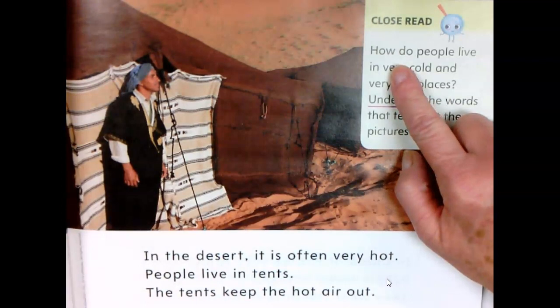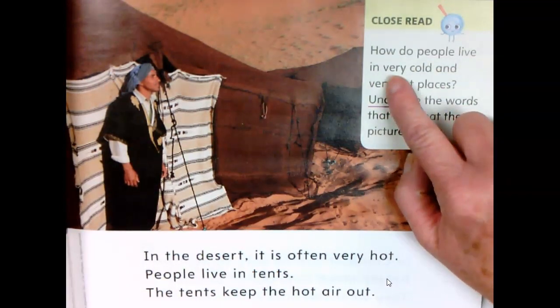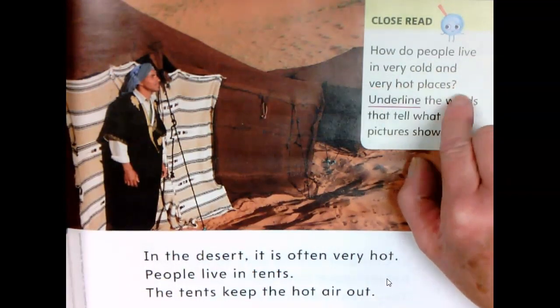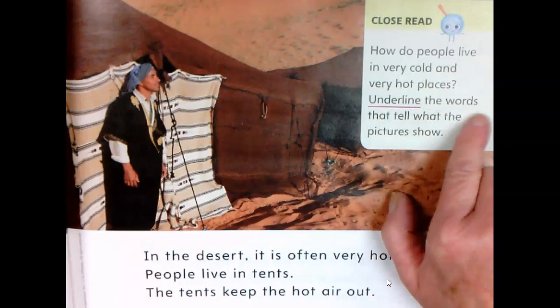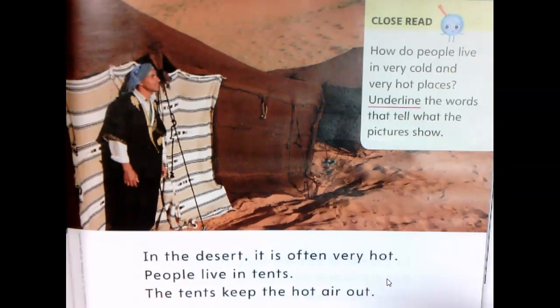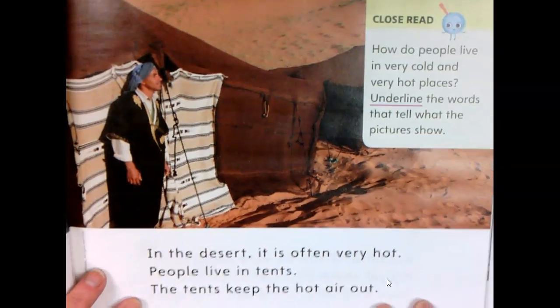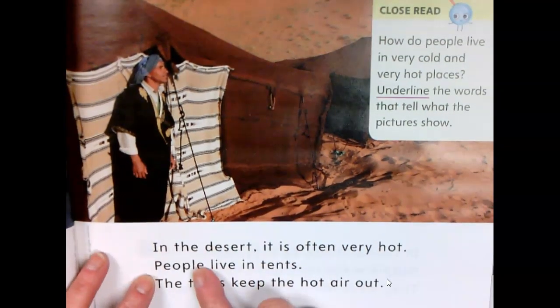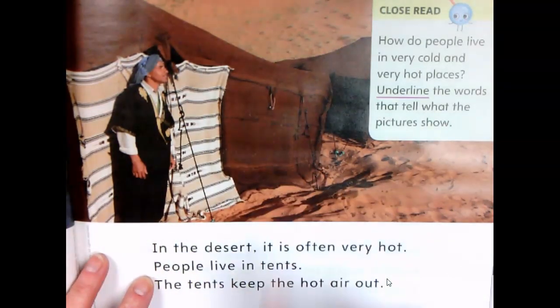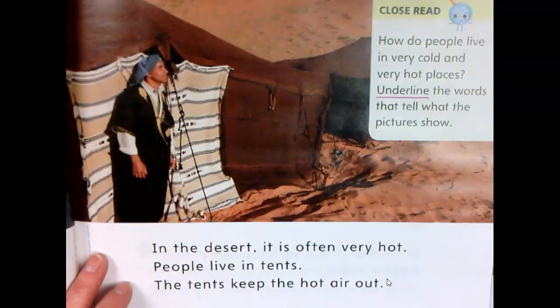Let's look at our question. How do people live in very cold and very hot places? Underline the words that tell what the picture shows. Well, we can start with this page. What words tell us how people live in this extreme hot weather?